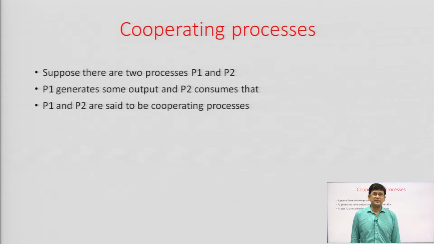P1 may be fast and P2 may be slow, or P2 may be fast and P1 may be slow. So, there should be a synchronization between the two such that the balance between the generation and the consumption is maintained.